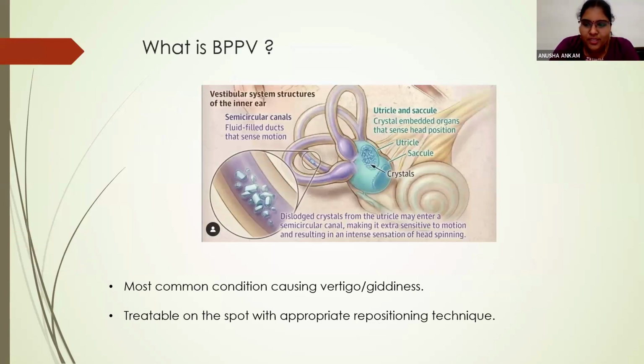As we all know, benign paroxysmal positional vertigo results from dislodgement of otolithic crystals from the utricle, which enters any semicircular canal, making it sensitive to gravity-related movement in the corresponding plane. But why BPPV is more important for any vestibular specialist is, first, it is the most common condition, and second, it is treatable on the spot with appropriate repositioning technique.